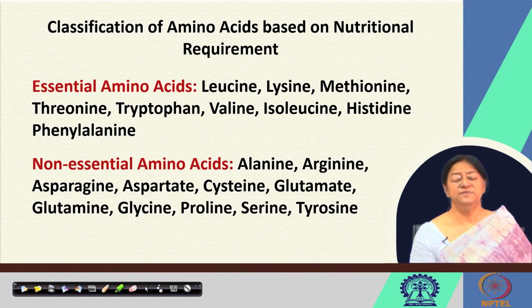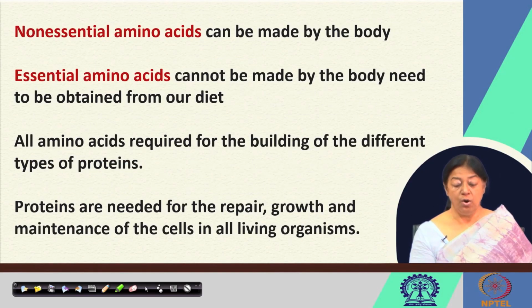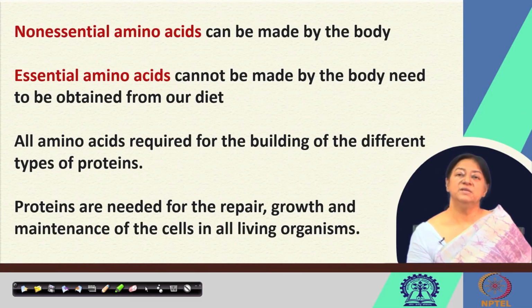There is also a classification based on nutritional requirement. We have essential amino acids and non-essential amino acids. A listing based on what? Based on how or why or whether we should have them in our diet. The non-essential amino acids are synthesized in the body. The essential amino acids cannot be made and must be taken as nutritional supplements.